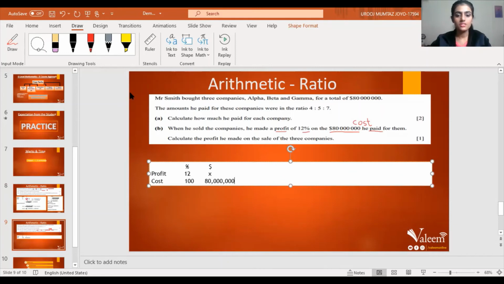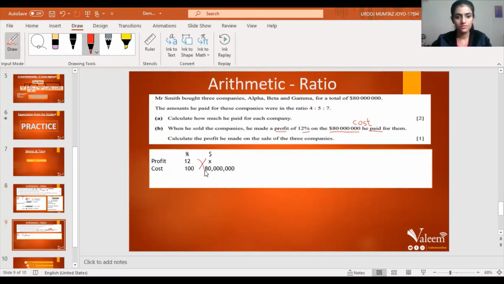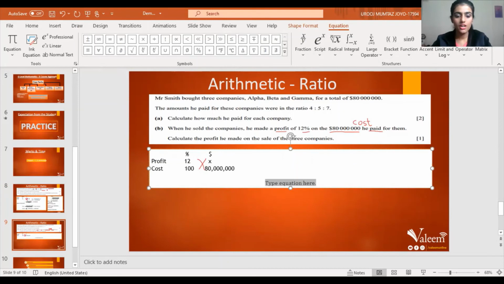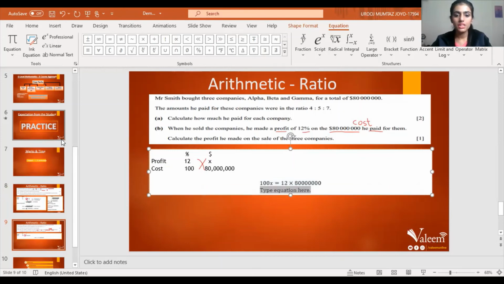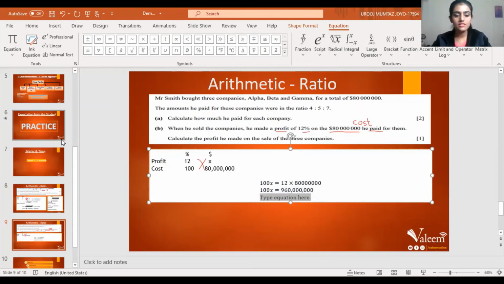Once again, cross multiply, you'll get 100x equals 12 multiplied by 80 million. Please be very careful with these zeros. So it will be 100x equals 960 million, and then x equals 960 million divided by 100.